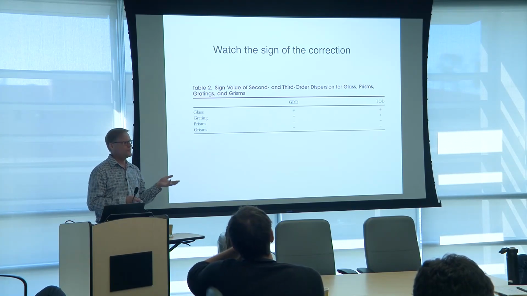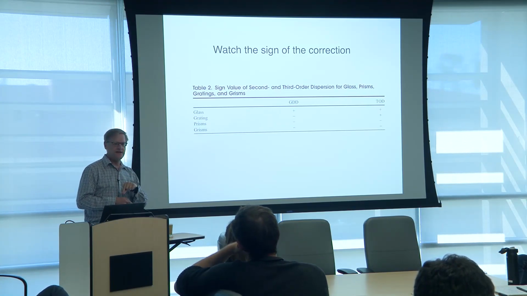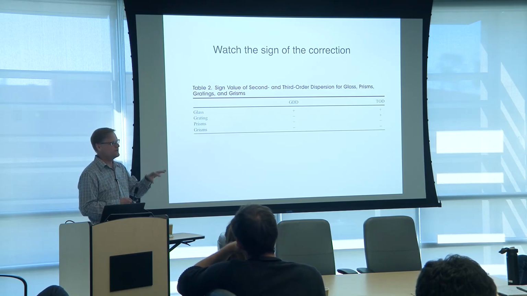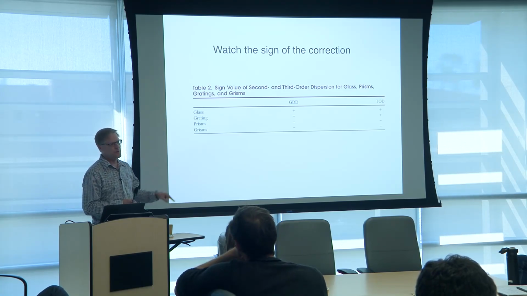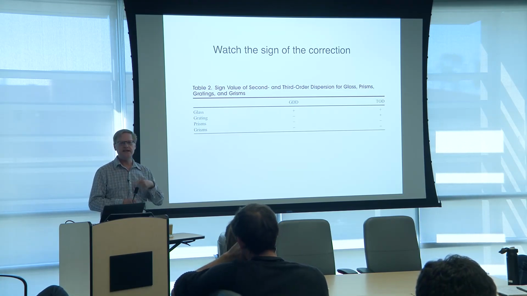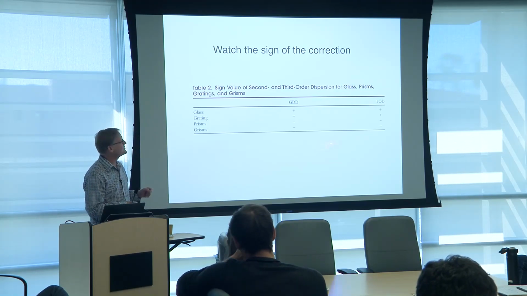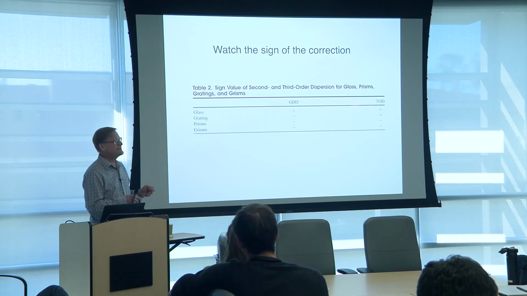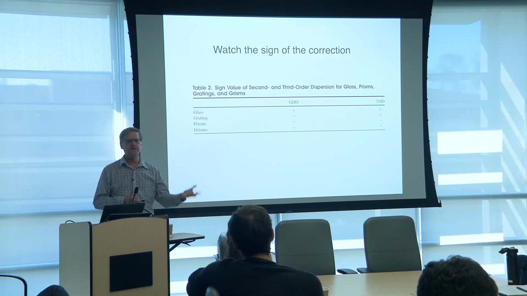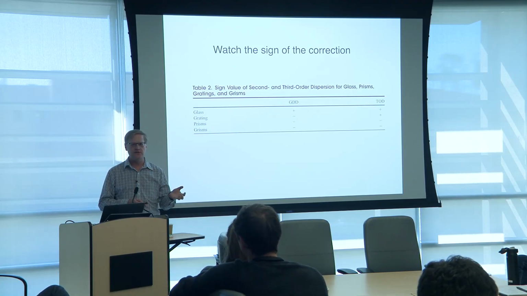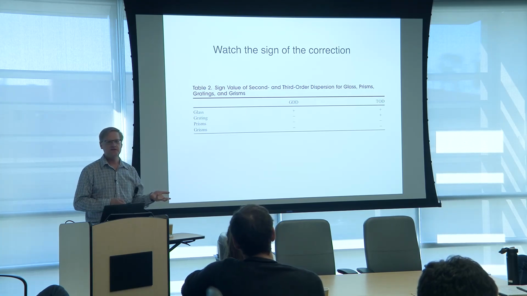But the important point to realize is that, especially as you start to push the pulse width down, the rate that you are compensating for the third order dispersion with prisms, and I can give you these numbers, is different than the rate that you are accumulating third order dispersion from the glass.